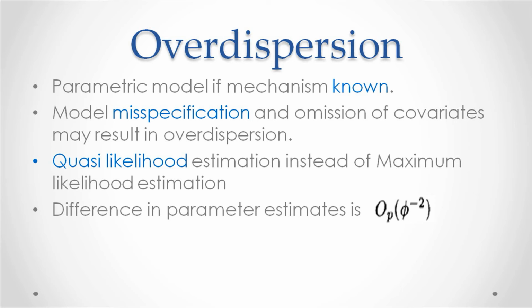However, there are two other situations which may result in overdispersion. The first is misspecification of the model, and the second is omission of covariates. Now, as contrasted to the case where the mechanism is known, in many situations we might not know what the relevant covariates for inclusion are, and thus it is necessary for us to conduct diagnostic checks after fitting a model to examine whether overdispersion is present or not.